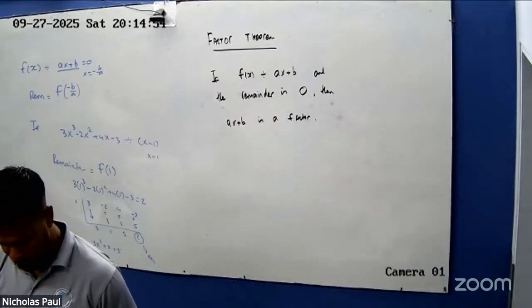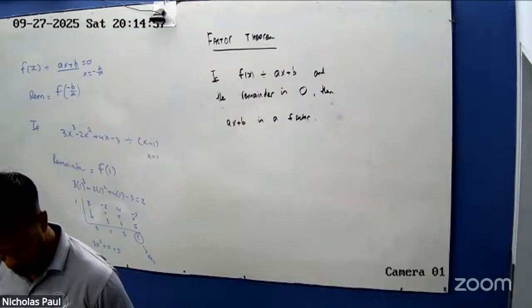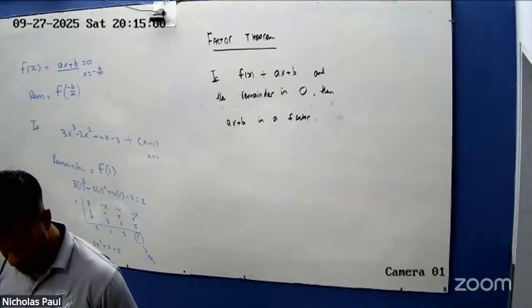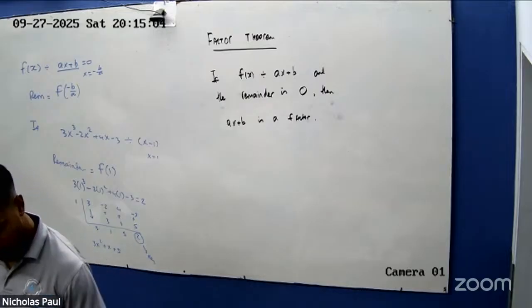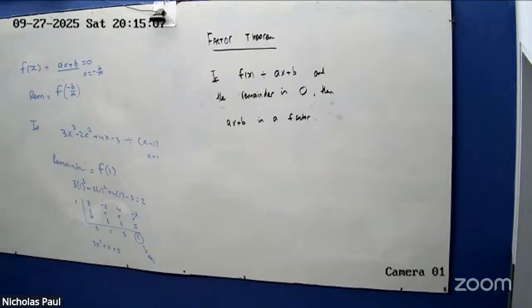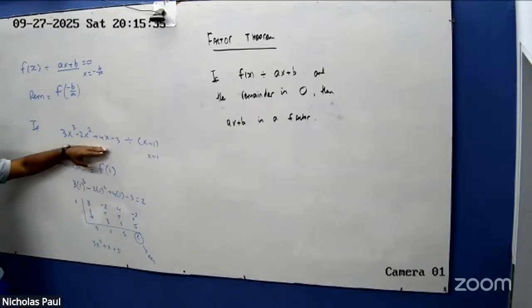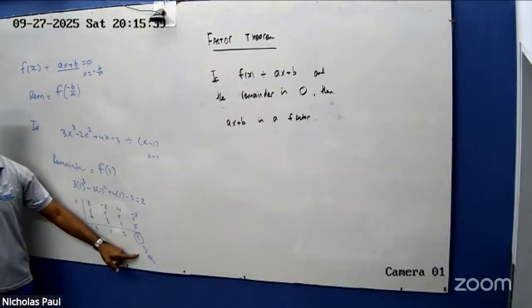Okay, let's apply, right? So if you do this version and it gets 0, or you do this and it gets 0, it's a factor.